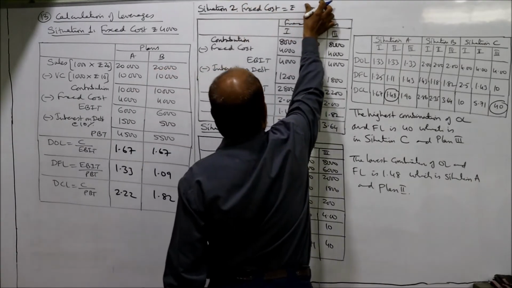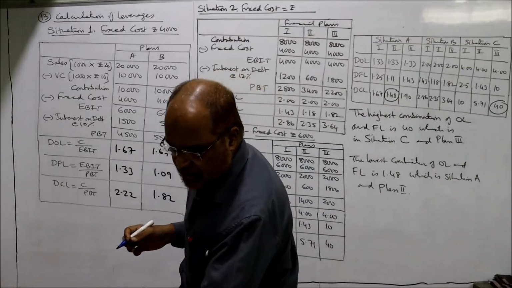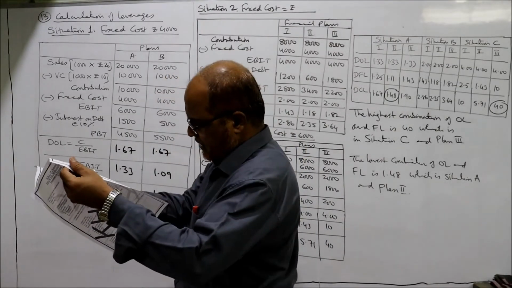Now, situation 2. How much is the fixed cost given in the problem? It is 5,000.